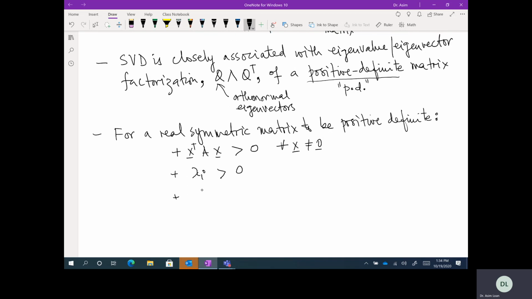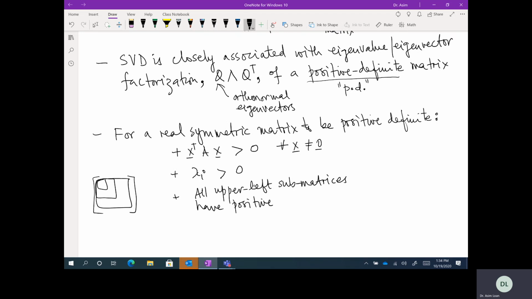All upper left submatrices, so upper left submatrices are these, this one and this one, all upper left submatrices have positive determinants. By the way, this also implies the determinant of A is positive. Why?